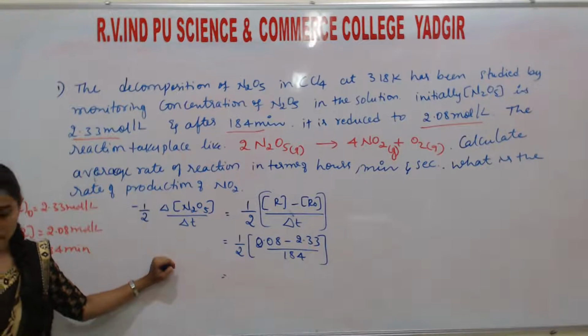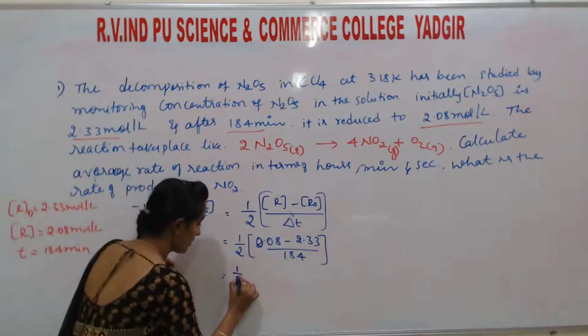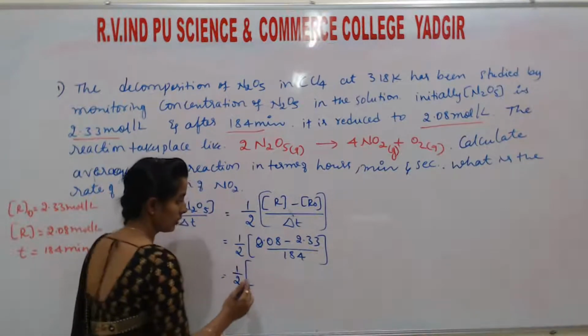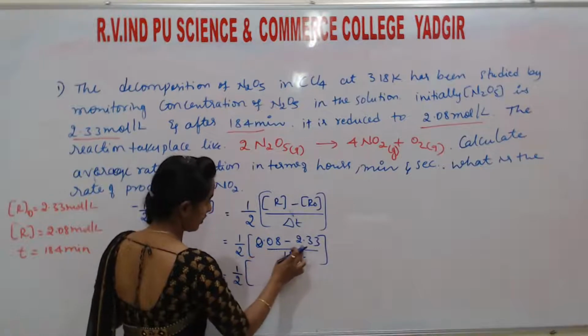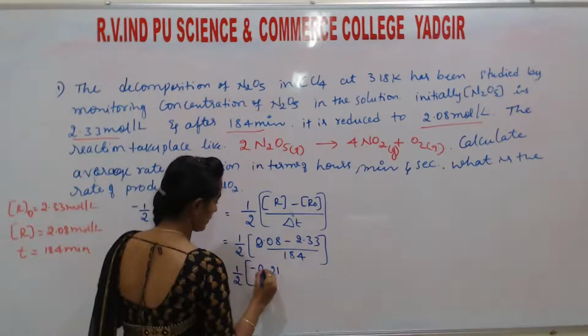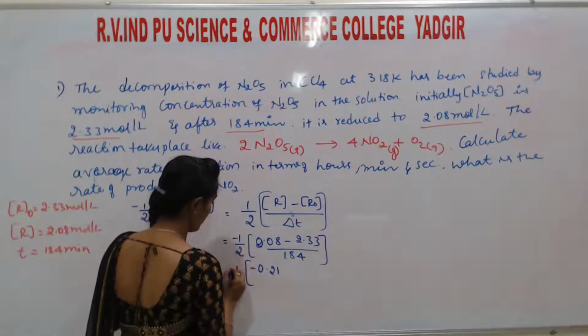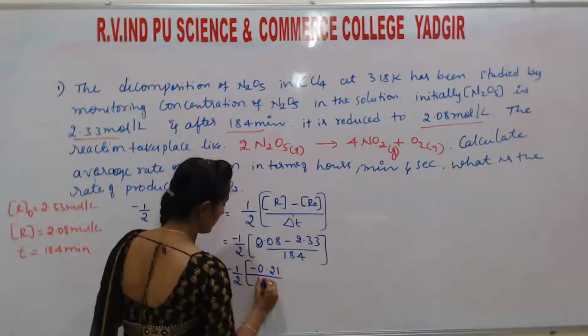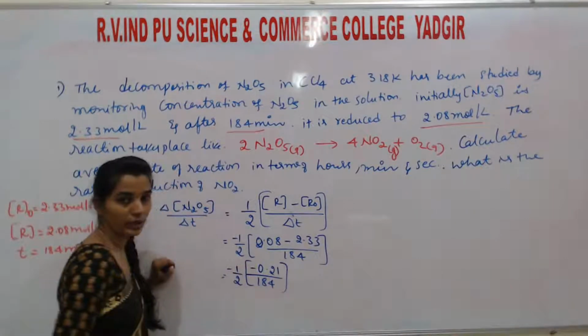Okay, so we will get 1 divided by 2 into 2.08 minus 2.33, that means minus 0.21, divided by 184.